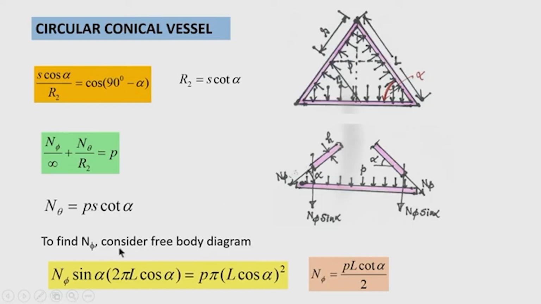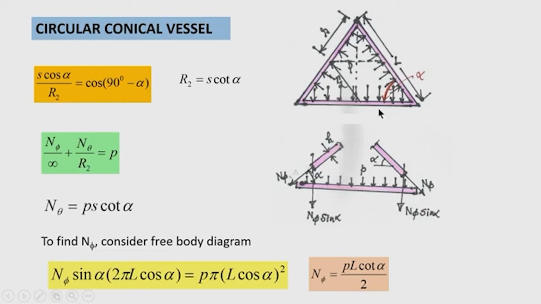So, to find n phi, consider the free body diagram at the end plate. Here you can see the end plate is subjected to loading produced due to uniform internal pressure, and this plate is again a circular plate.